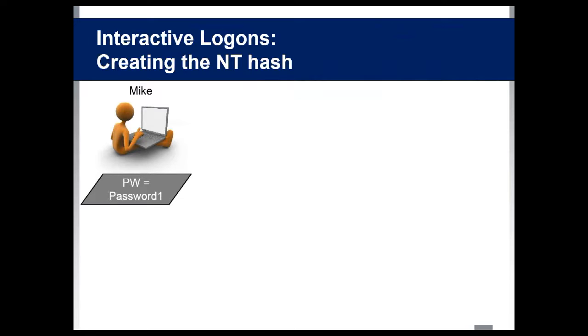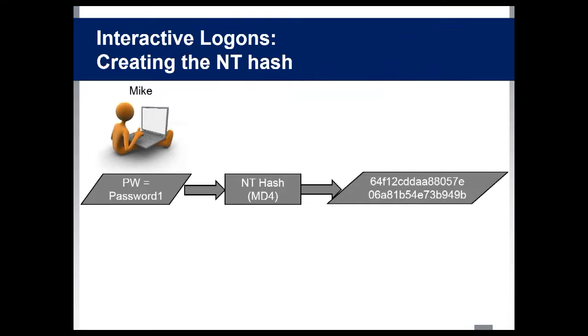I've got a super secure password here, password1, and for the NT hash, it's simply created by running the MD4, the Message Digest 4 hashing algorithm. The Unicode version of password1 is sent through the MD4 hash algorithm, and it outputs that hash value.